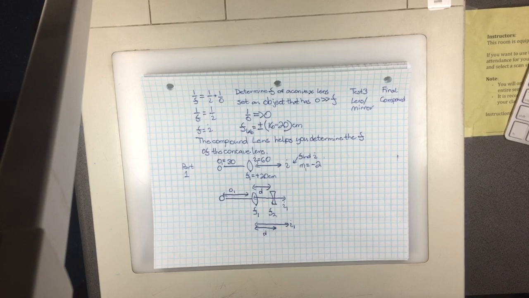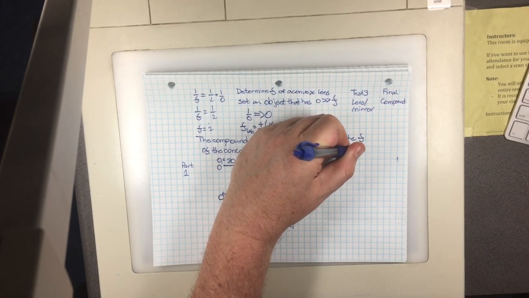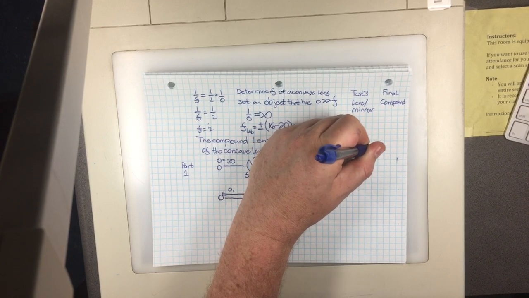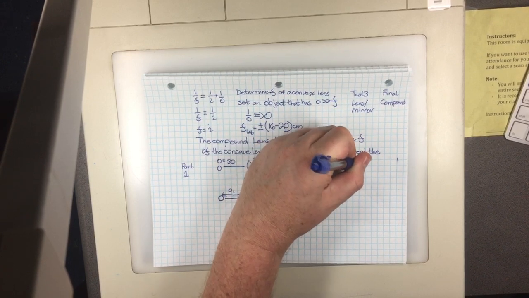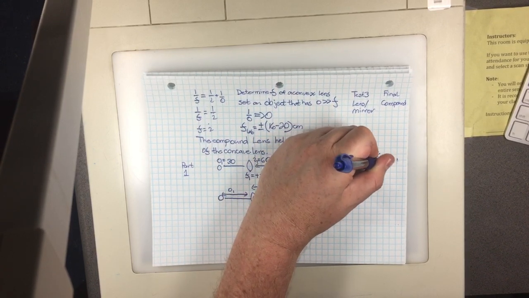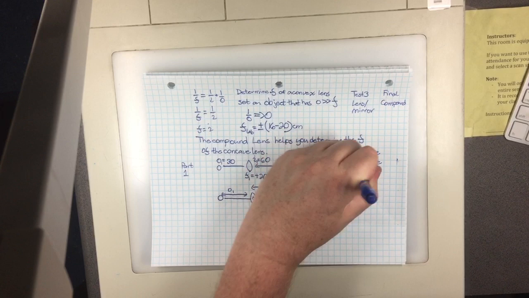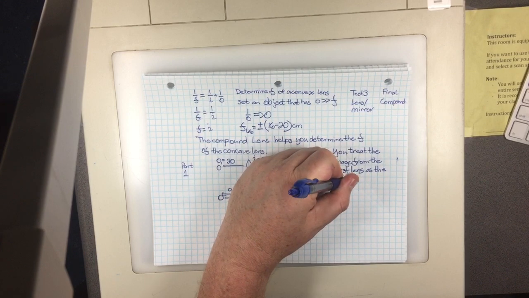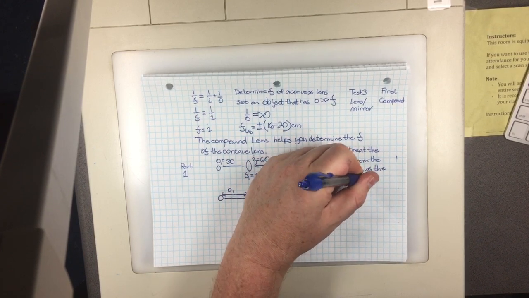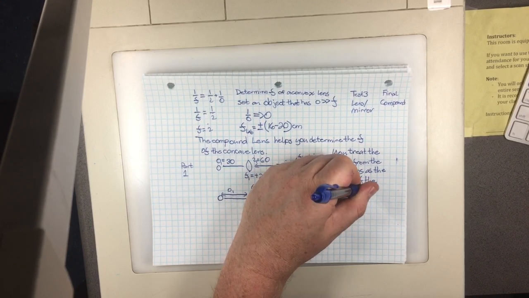And this is the most critical sentence of this problem. You treat the image from the first lens as the object of the second lens.